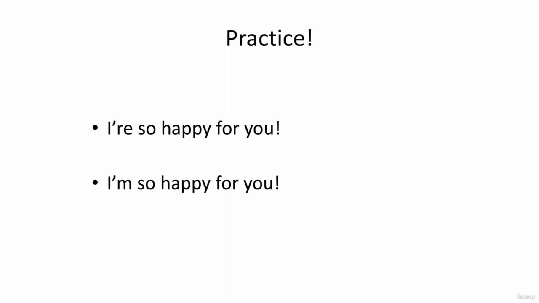I are so happy for you. I'm so happy for you. The second sentence is correct. With the first person pronoun I, the verb to be becomes am. I am, which is contracted to I'm.